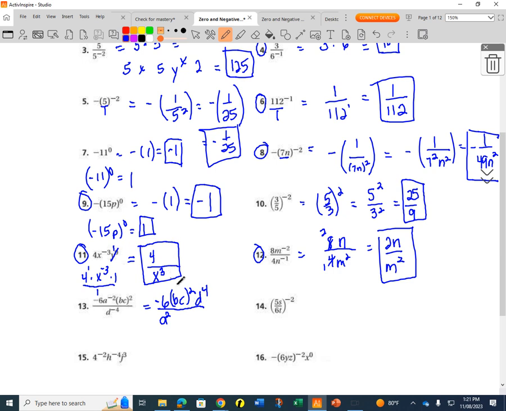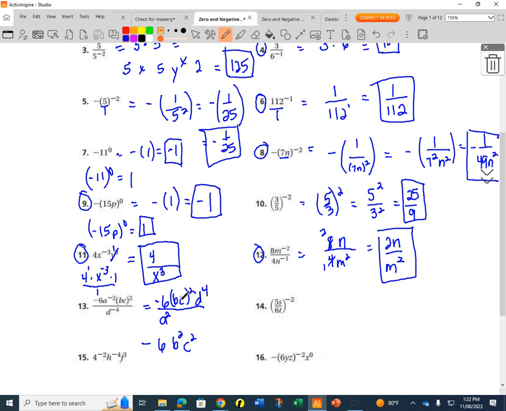So we're going to be negative 6. This would be the same as b squared times c squared. Does everybody see that? So that square on the outside, that's the power of 2. That's b to the power of 2 and c to the power of 2. It tells us that that 2 goes to everything inside the parentheses.